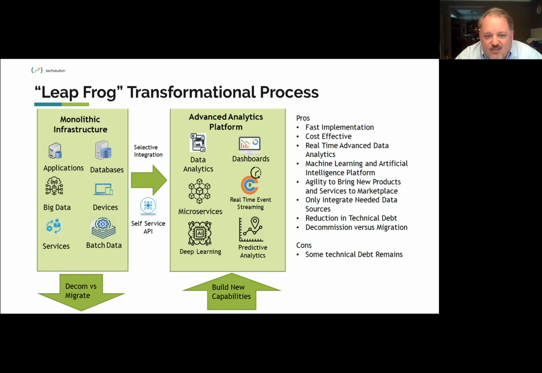The new strategy is to decom your old environment, not migrate it. And the new strategy is to build new stuff on your new platform at all possibilities, and only refactor a small set of your applications, strategic applications, to your new environment. This is critical. How do you make the decision on what's strategic and what's not strategic?